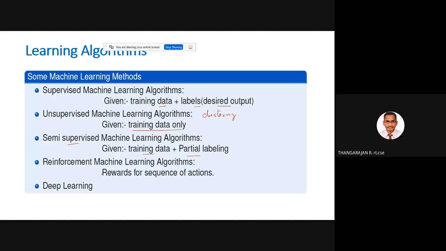Sometimes it may not be possible to give you labeled data. You know whether you are right or wrong only after you have taken a certain number of steps. Especially, for example, when you are making the computer play chess, you cannot say whether each move is right or wrong.